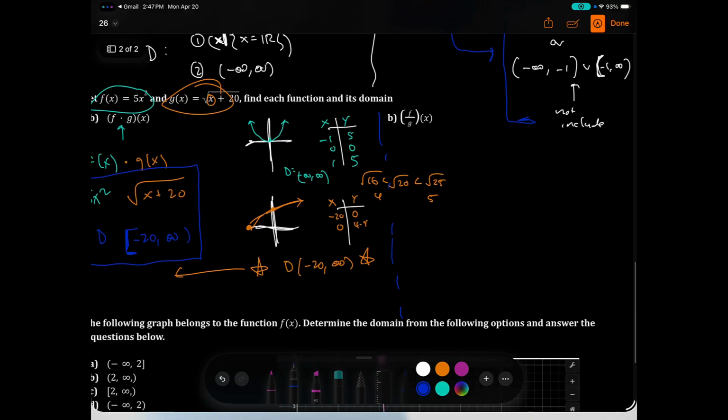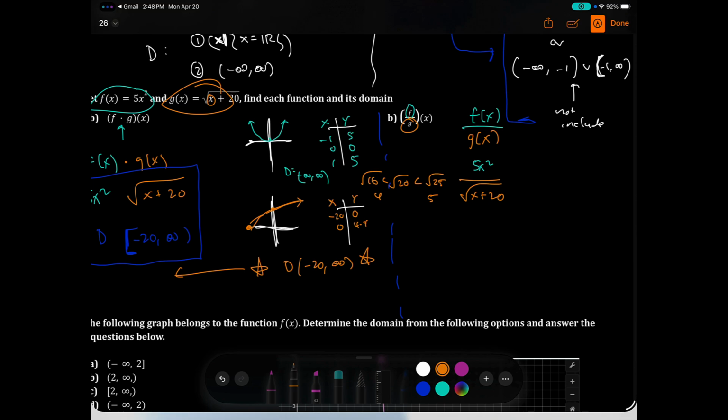Okay, let's go ahead and try this one over here. So I have f divided by g, or g of x. F of x is 5x squared, and g of x is the square root of x plus 20. We already know kind of the answer, but I can't pick -20, right?